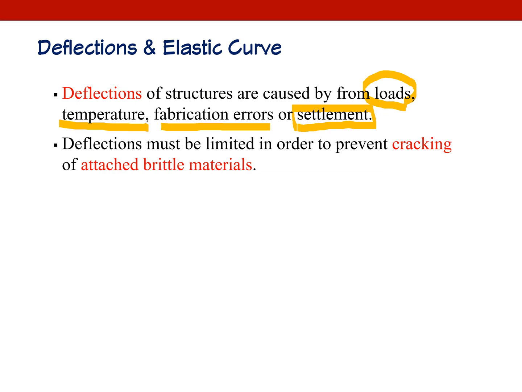Deflection must be limited in order to prevent cracking of brittle materials. For example, if you have a window right underneath the beam, and the beam is deflected, the window is very brittle and very weak, so it will break. To prevent that kind of situation, we need to limit the deflection of the beam.